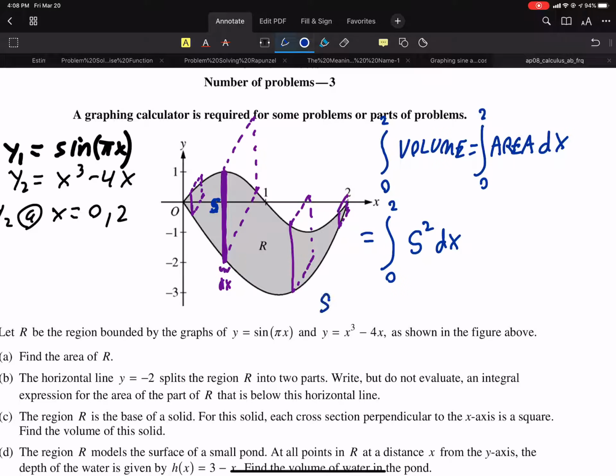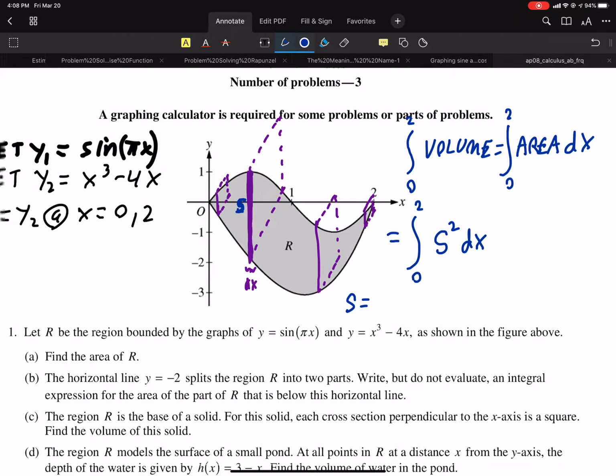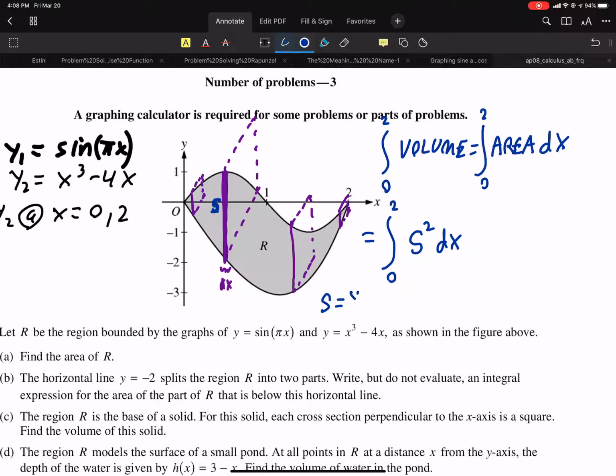And so s in our case would be big Y minus small y. We did that earlier in part A. It's going to be y1 minus y2. So let's see, do they want the answer? They do want the volume, so we're going to integrate from 0 to 2. It's going to be y1 minus y2 squared dx.